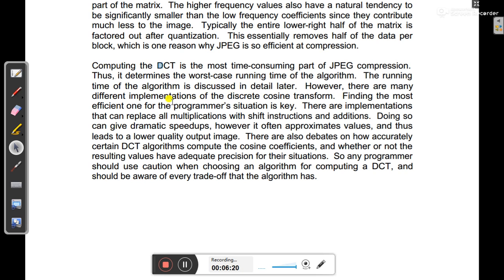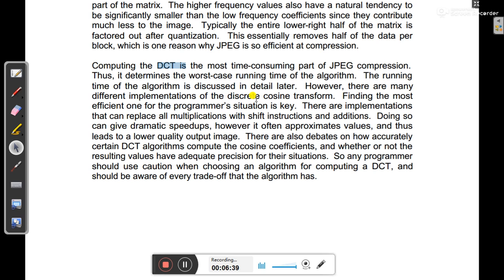However, there are many different implementations of the discrete cosine transform. So however you establish or evaluate these discrete cosine terms, that is how you can enhance the performance or algorithm complexity.